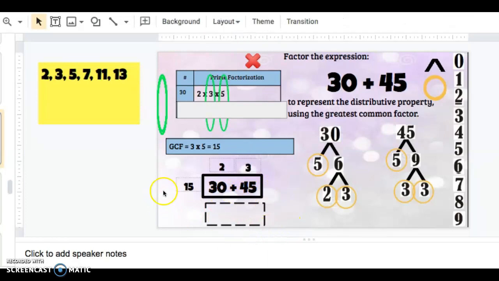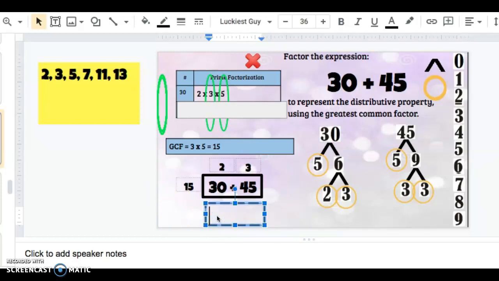Okay, since this number is on the outside, I put that on the outside of my parentheses. And then the numbers up here replace the numbers inside the parentheses. So that'd be 2 plus 3, close the parentheses.